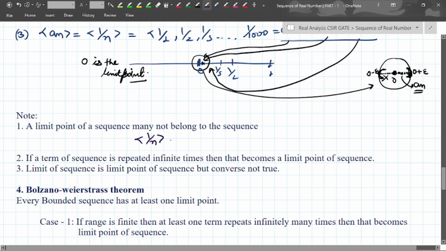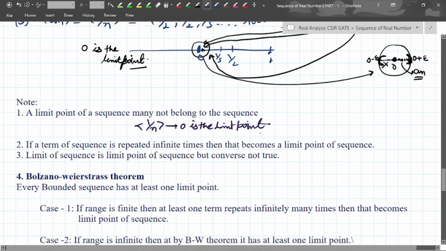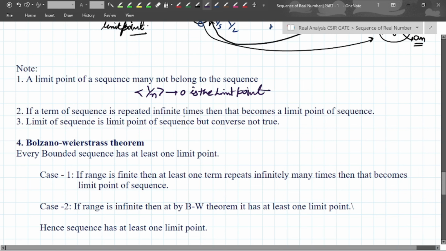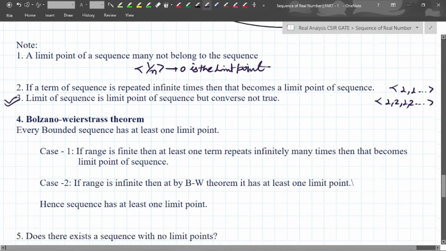For 1 by n, 0 is the limit point. For 1, 2, 1, 2, you can see the example here. The limit of a sequence is a limit point of the sequence, but not conversely; that we will discuss in next videos.